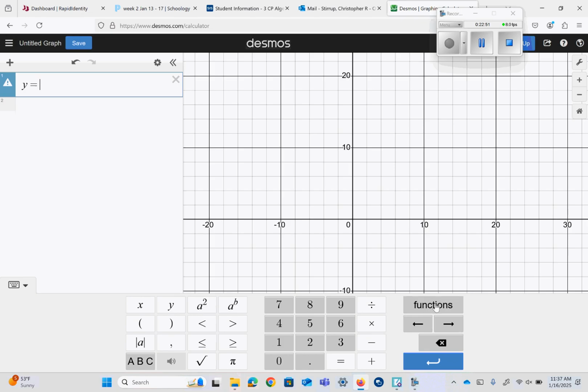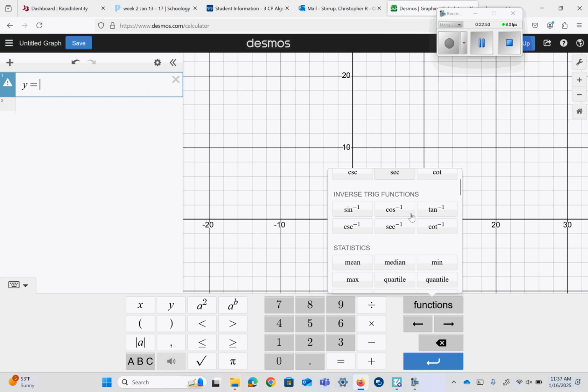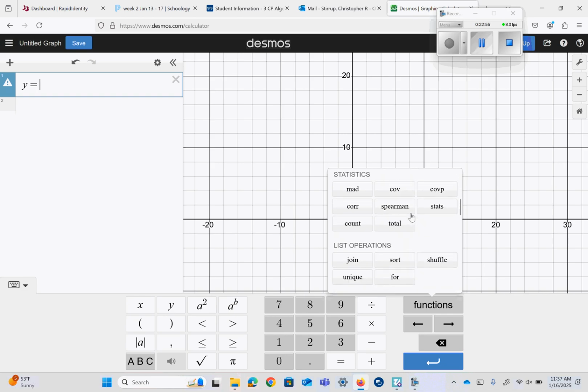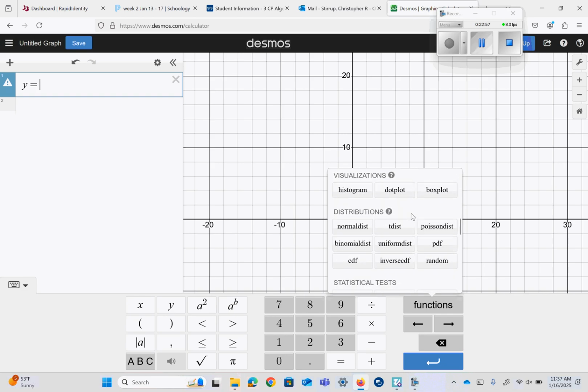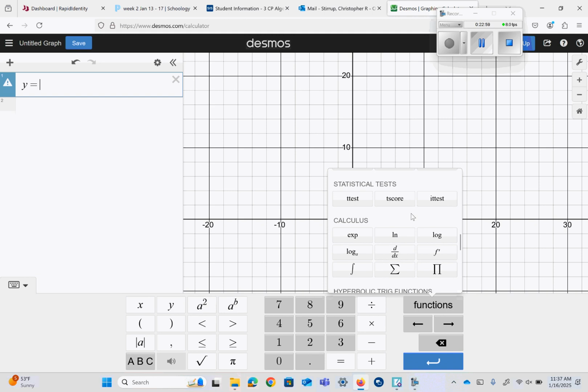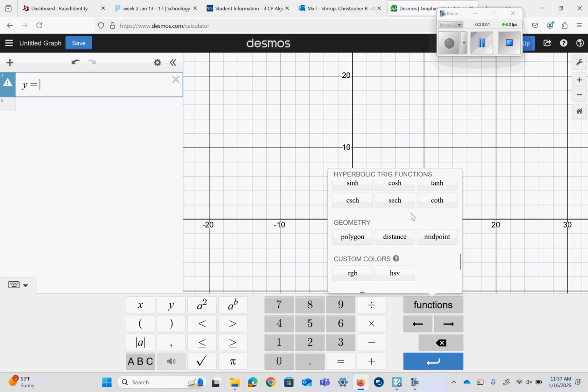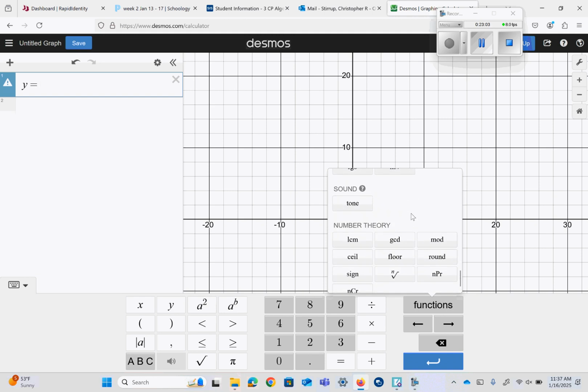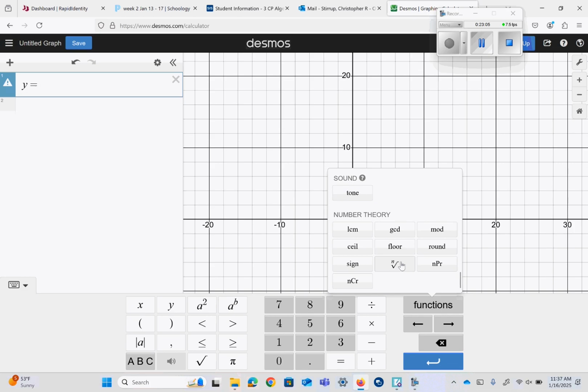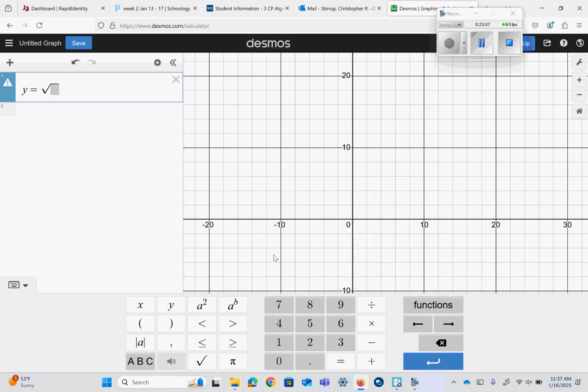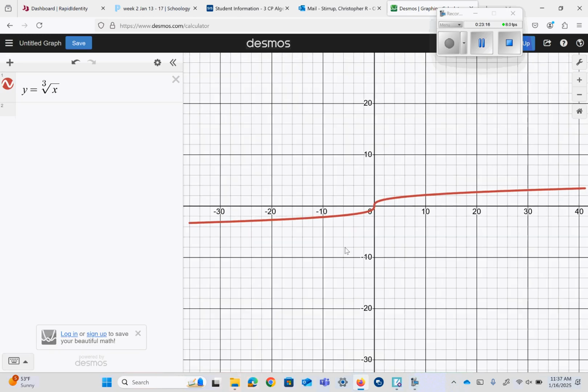Let's see. You might have to go under functions to find it. I just can't remember where it's at. There it is. So under number theory, you do the nth root. So I want the third root here of x, which becomes this squiggly line.